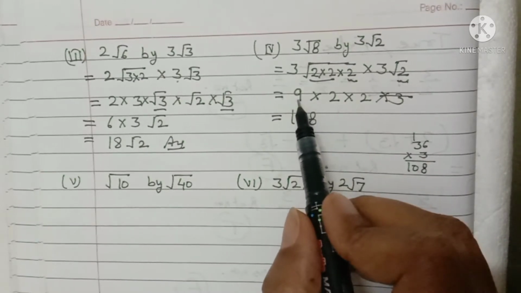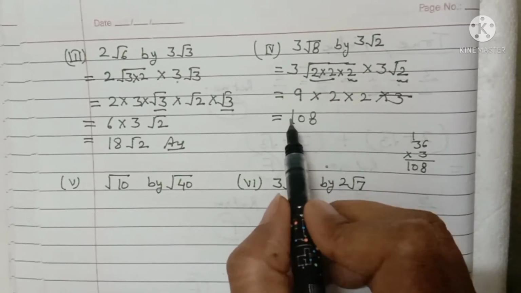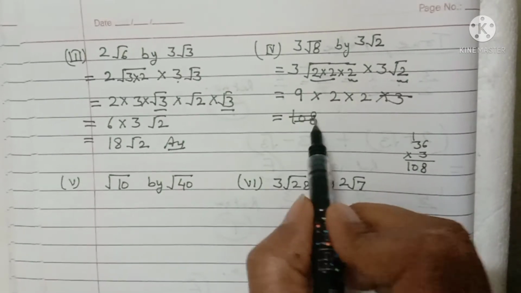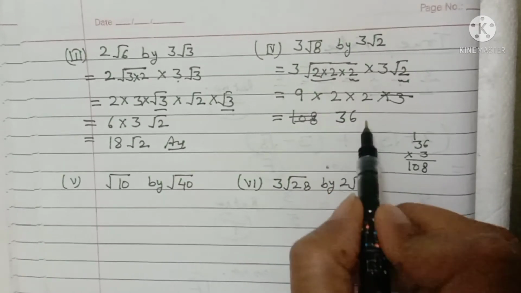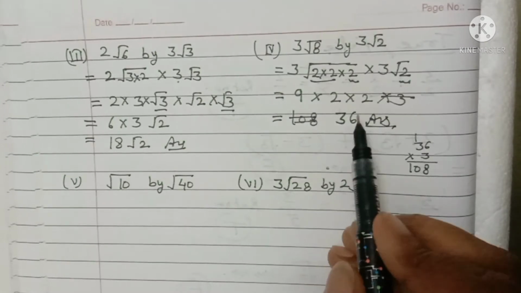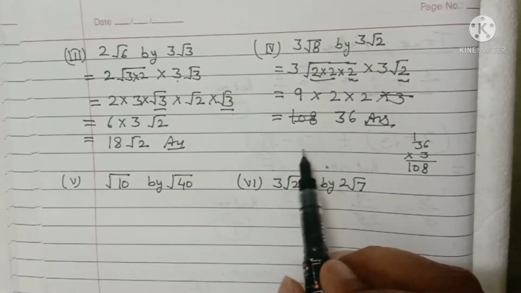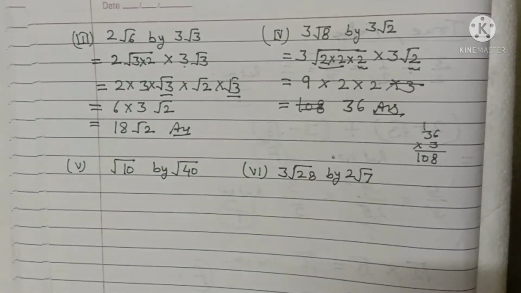Now this becomes 9 2s are 18, 18 2s are 36. This becomes 36. So you can correct it. 36 is the answer. Sometimes a mistake will happen, so by rechecking you can correct the mistake.